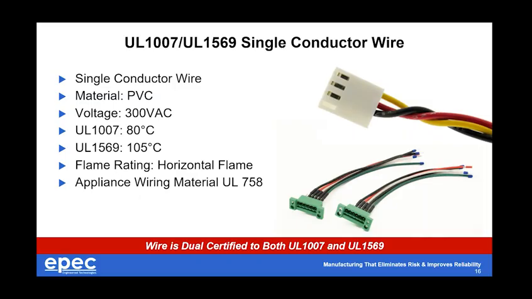Therefore, it complies with UL 1569. And along those same lines, because it complies with UL 1569, it's also then compliant to UL 1007. This is important because if a customer needs a UL 1007 wire, we can suggest UL 1569 in its place. It is form, fit, function equivalent, and can be used accordingly.